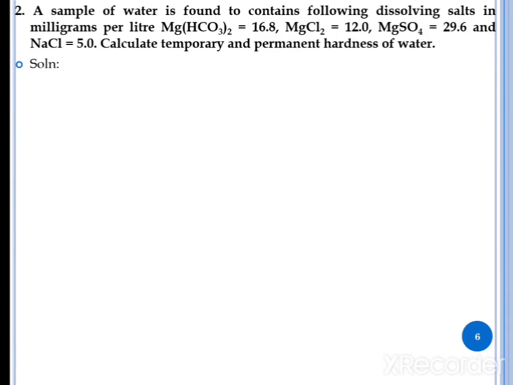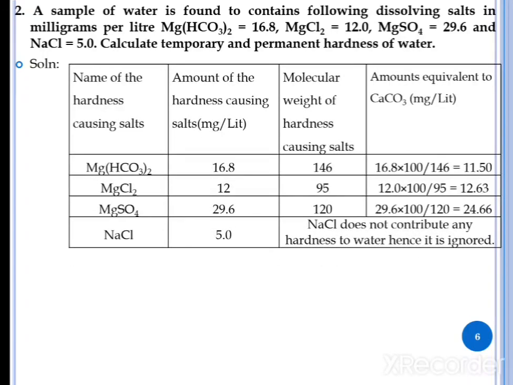Now for the next numerical, you have to calculate in the same way as I calculated earlier. Here we are given magnesium bicarbonate, magnesium chloride, magnesium sulfate and NaCl. So first our aim is to draw the table, and then you have to calculate.